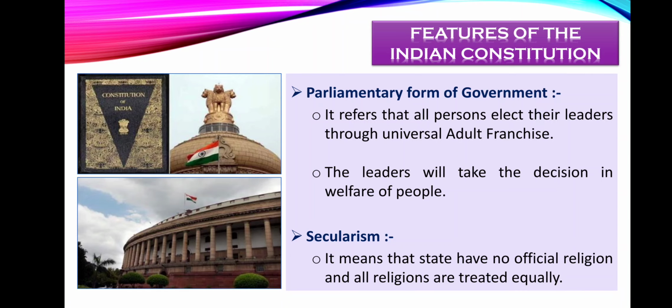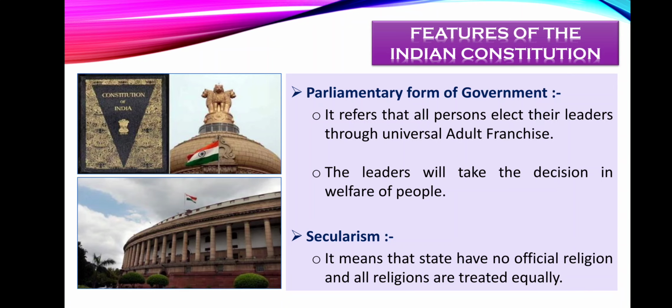But this age was not the same when our country got independence. At that time, when the constitution was made, this age was 21. But in 1989, when Rajiv Gandhi was the prime minister, he changed it to 18 years. These are very important facts and you should know about them.